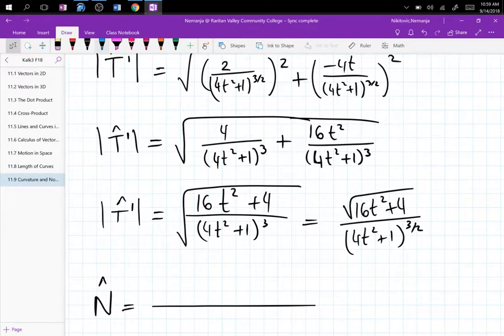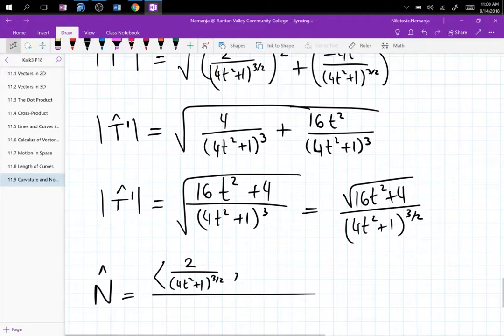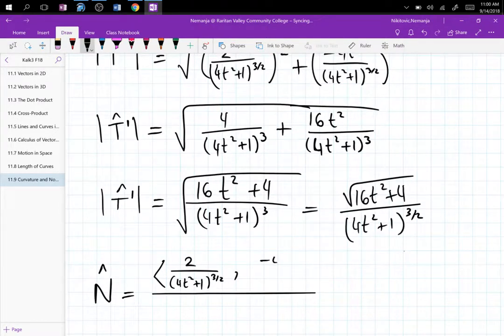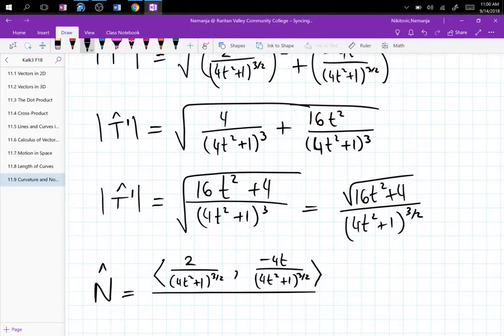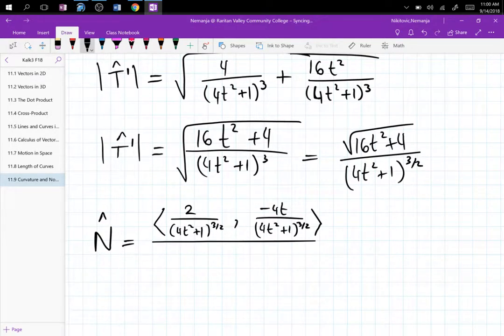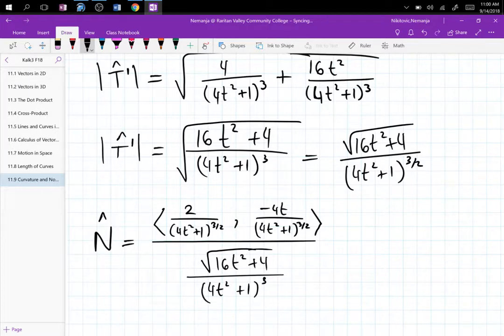So that's the vector 2 over (4t squared plus 1) to the 3/2, negative 4t over (4t squared plus 1) to the 3/2, and we are dividing that by the square root of 16t squared plus 4 over (4t squared plus 1) to the 3/2.